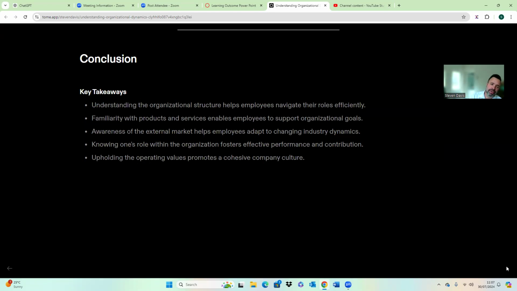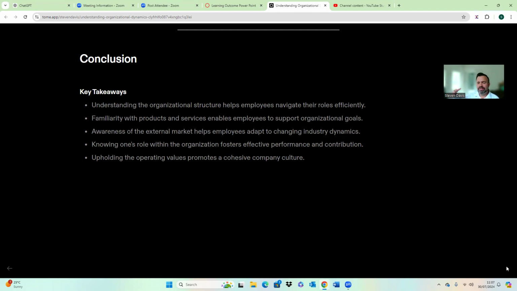So in conclusion, understanding your organizational structure helps employees navigate their roles more effectively. And again, as HR support, it's more important because that's one of your functions. You obviously need to become familiar with your products and services because again, you are managing the functions of the business, you are managing the people and supporting the infrastructure.